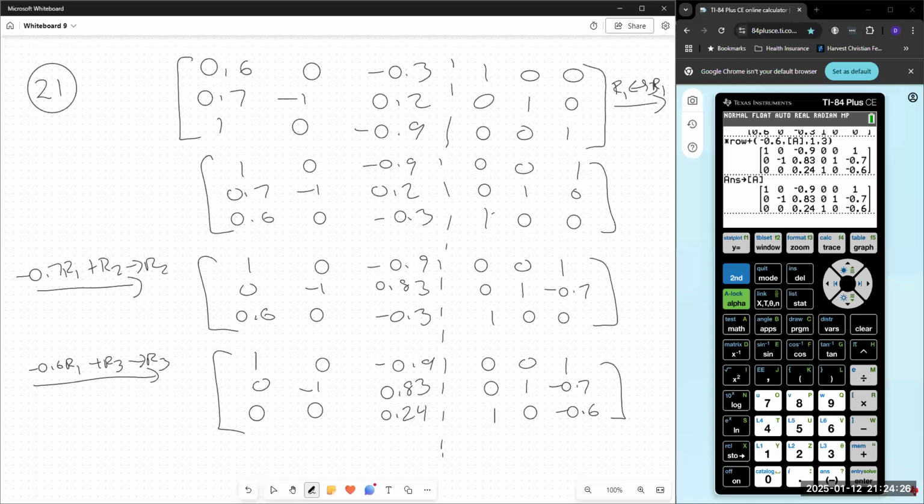So I almost have my 1 in my second column that I want. I just need to multiply row 2 times negative 1.